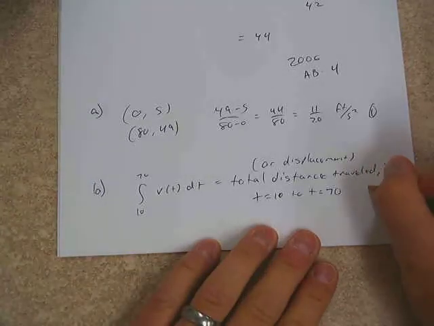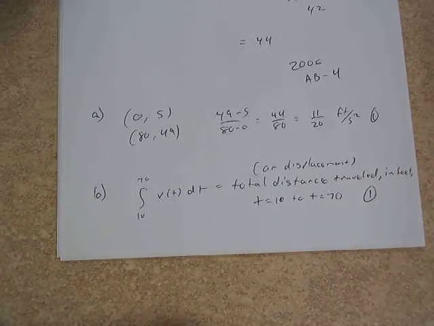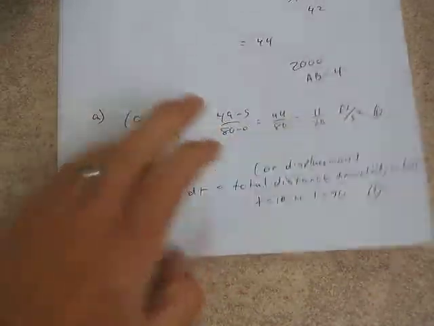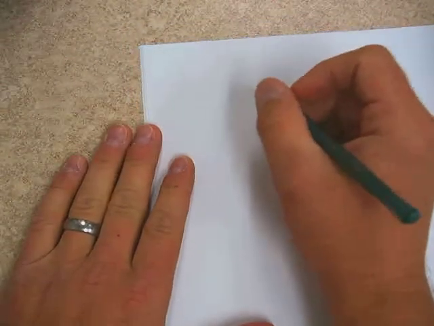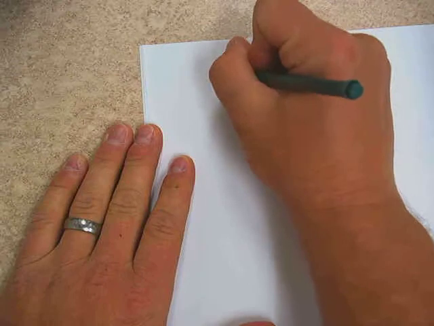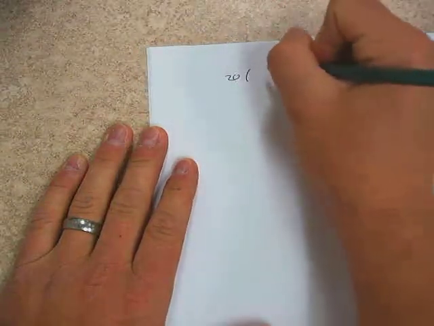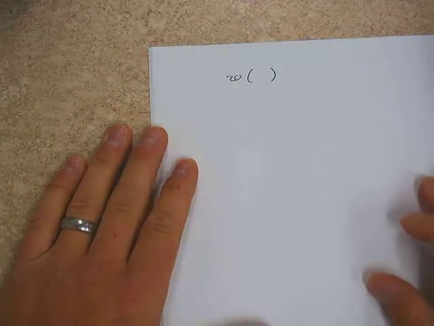No. So what's the guarantee that lets us say total distance? The fact that they told us rocket A has a positive velocity. We would need to know that in order to say for sure that that's total distance. Alright, and that explanation part is worth a point. So if you told what that meant, you get a point.